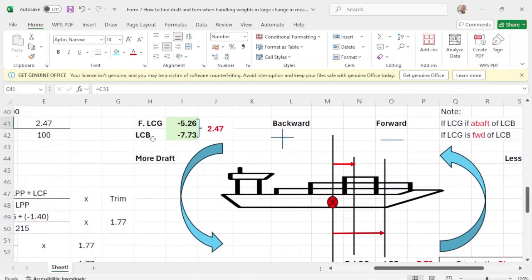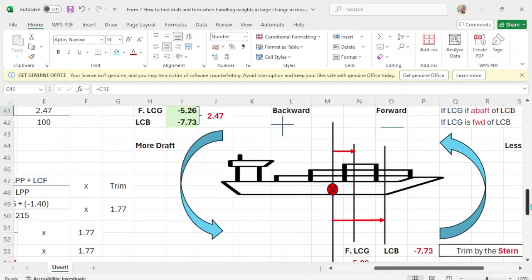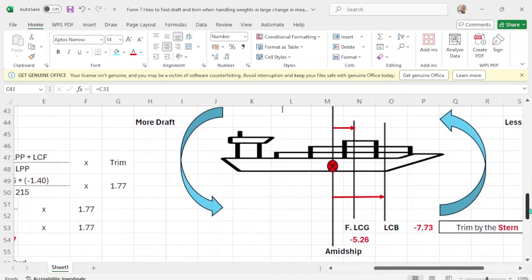Your final LCG is negative 5.26. So negative 5.26, that will be from midship going forward, that will be your final LCG.